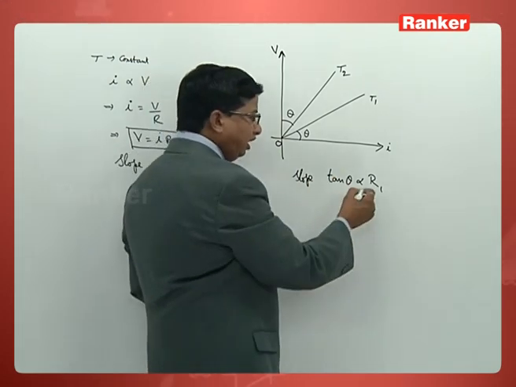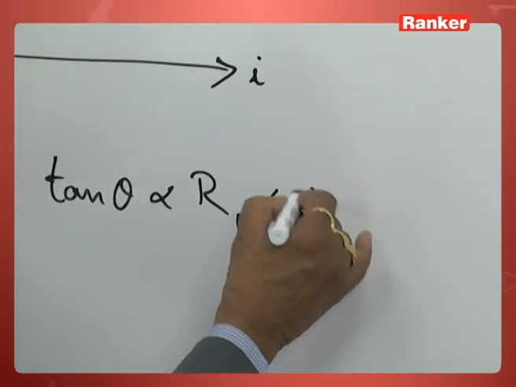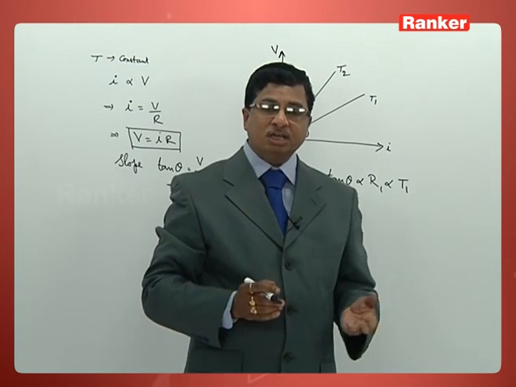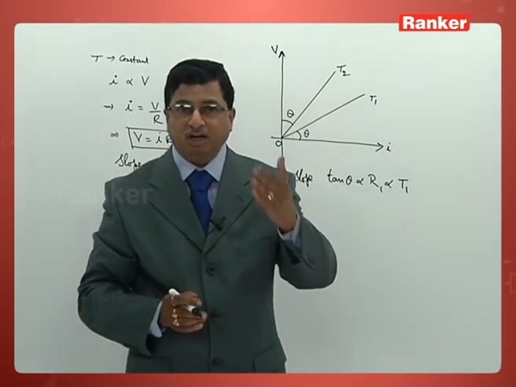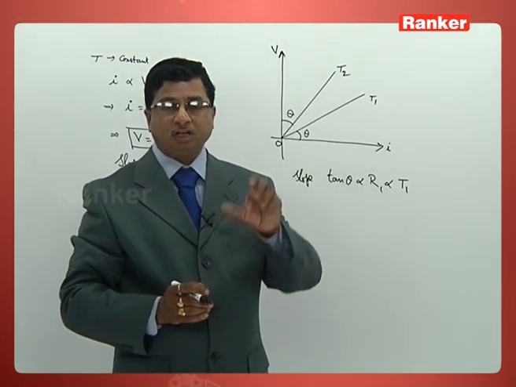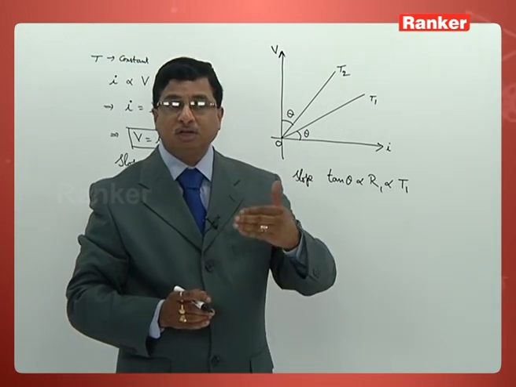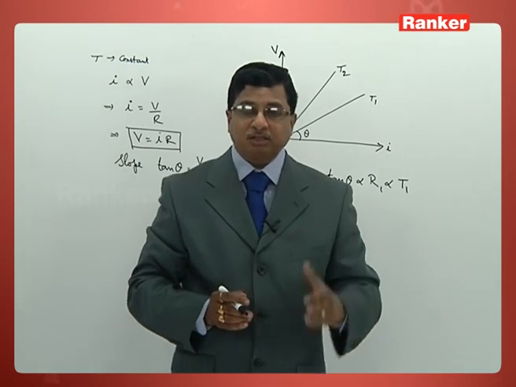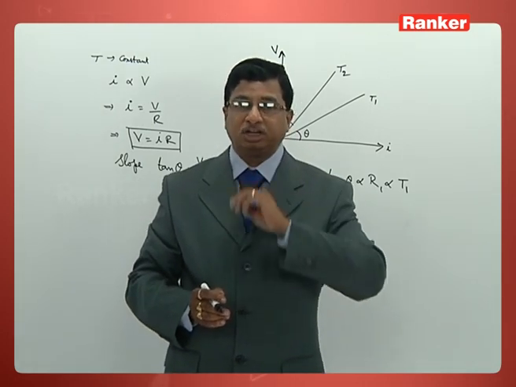But you can certainly understand R1 is directly proportional to absolute temperature, because resistance depends on temperature also. That concept you must have in memory. In what way did we calculate the resistance at a particular temperature?